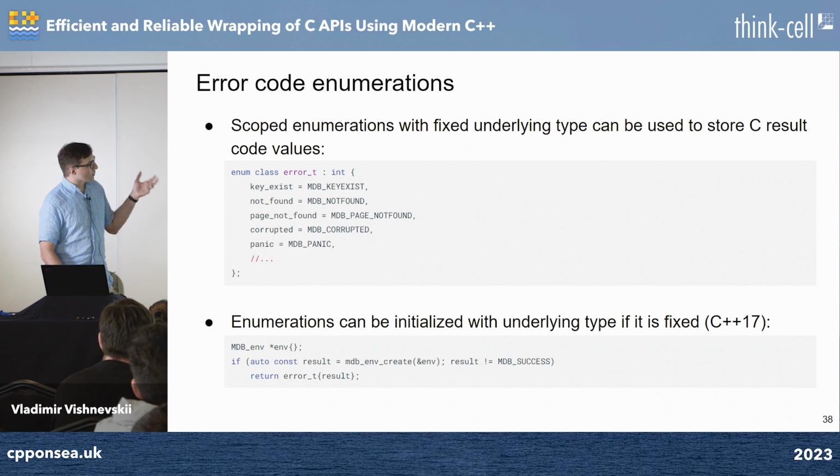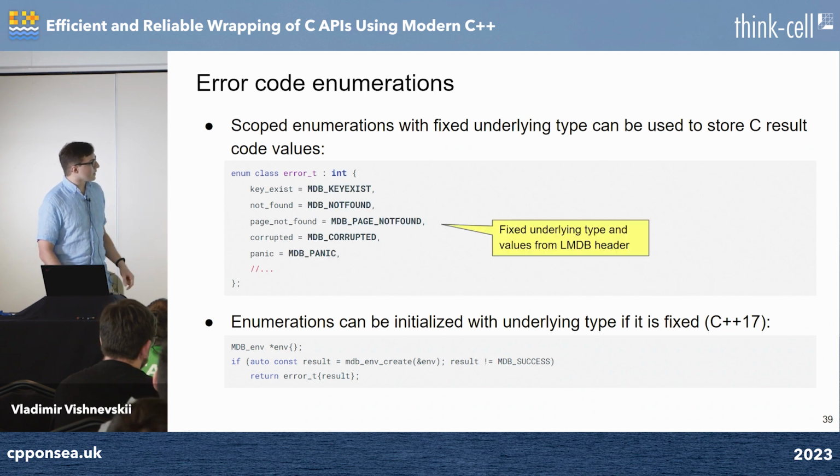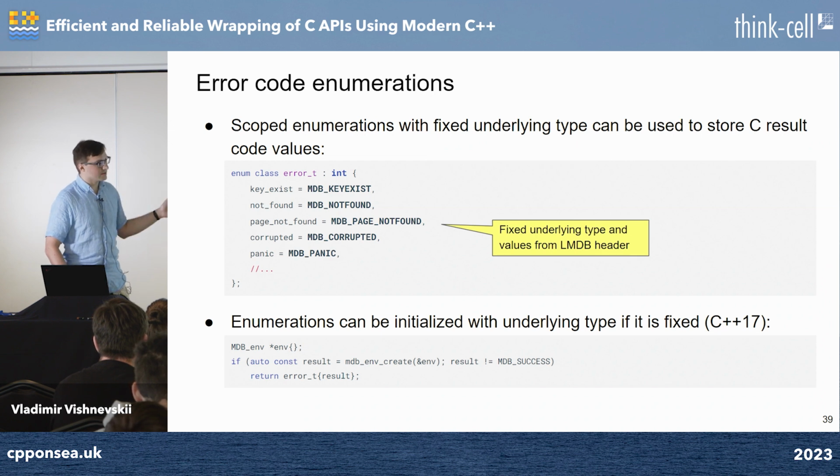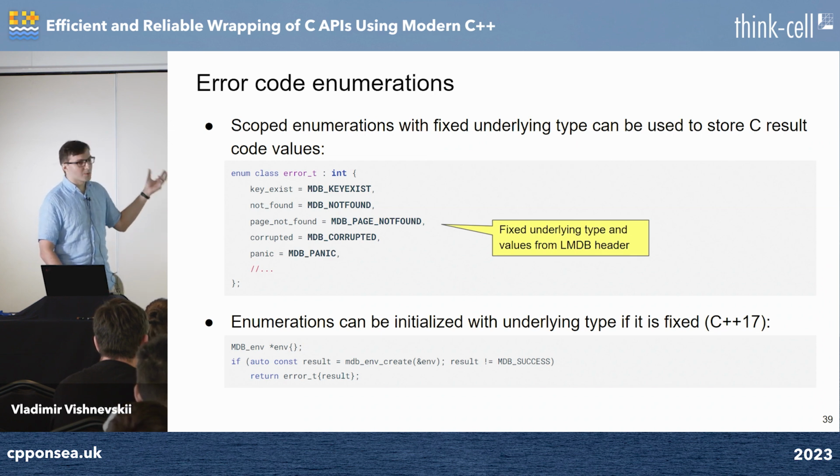The simplest way we can go is to use scoped enumerations with the fixed underlying type that corresponds to the return type of our LMDB API functions. Then we can use the values that are specified in the LMDB headers, if we can use the LMDB headers within our repo, so if we can expose this to the client code.